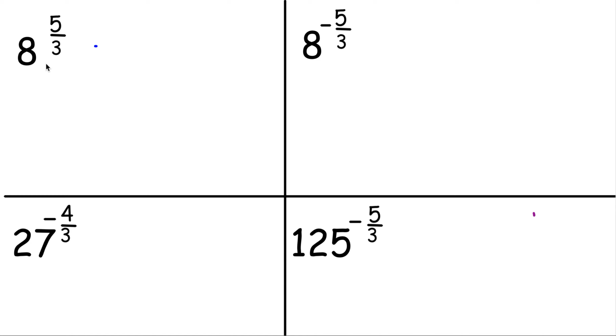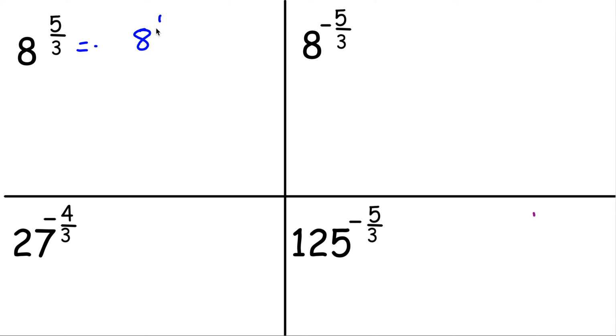Okay, well, 8 to the power of 5/3, if you can remember what we did previously, I'm going to separate this fraction into 5 times by 1/3, or in other words, 5 lots of 1/3.